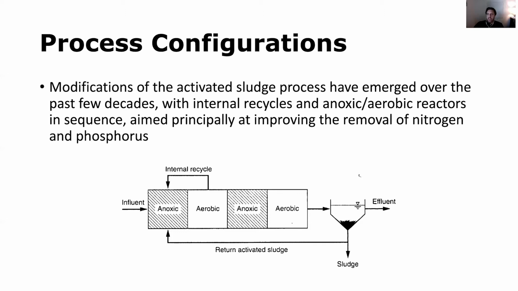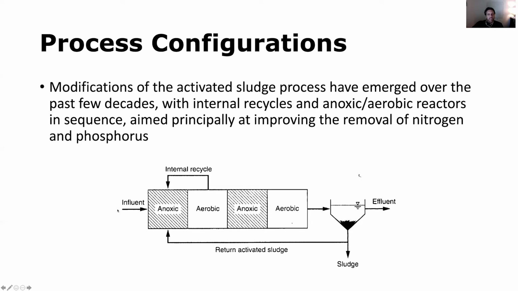That nitrate then can be converted to nitrogen gas in a process called denitrification. However, denitrification requires anaerobic or anoxic conditions, and it also requires the microorganisms to have a carbon source.